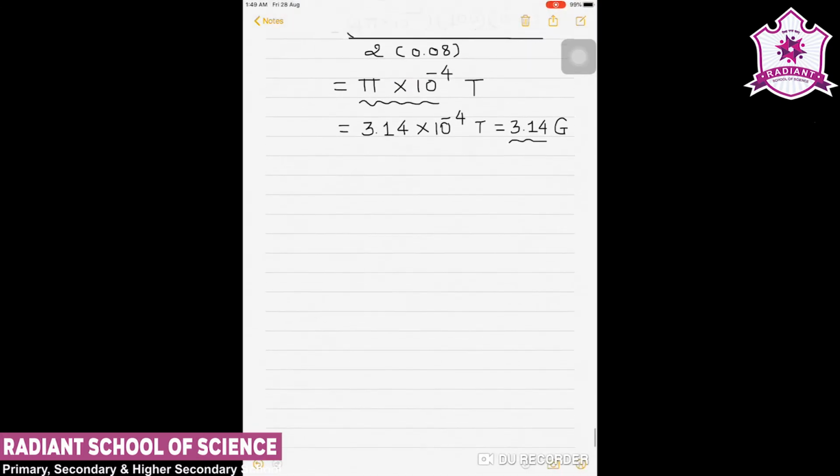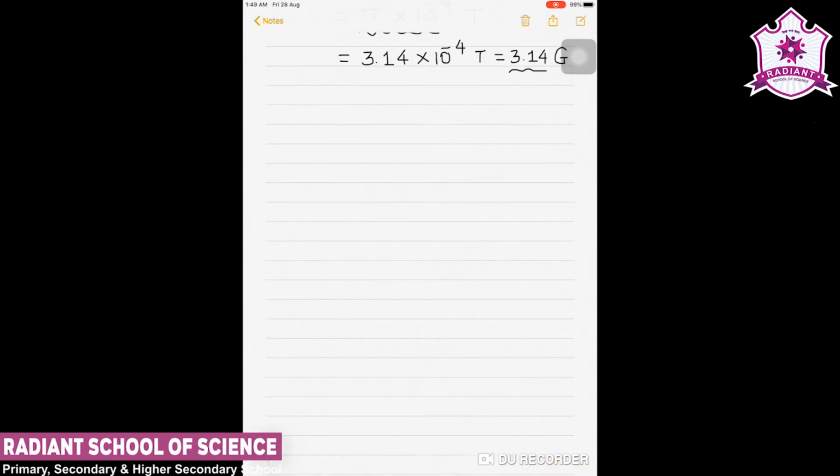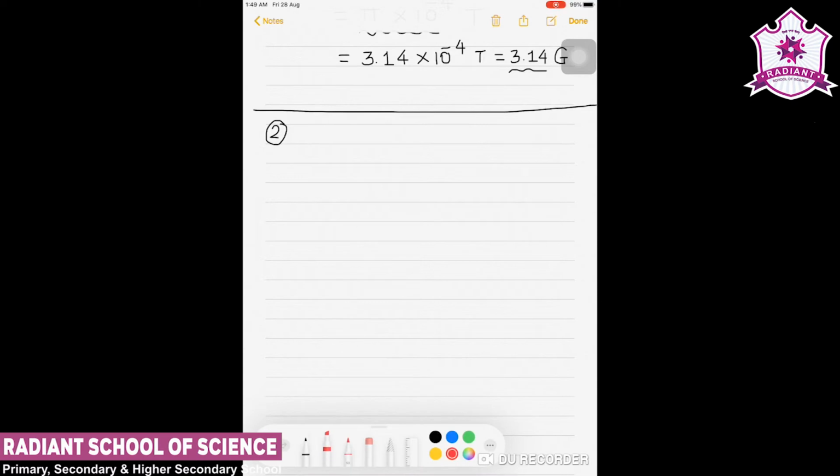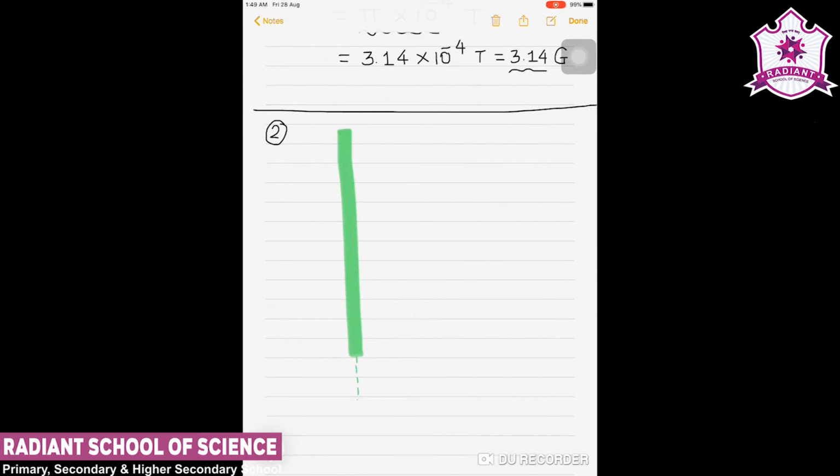Question number 2 is simpler and easier than the previous one. We already know the equation for a straight wire. Here we are given that a long straight wire carries a current of 35 ampere. We again consider a long wire, suppose of infinite length.